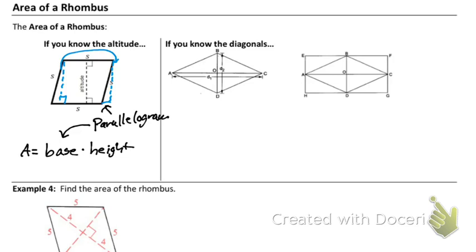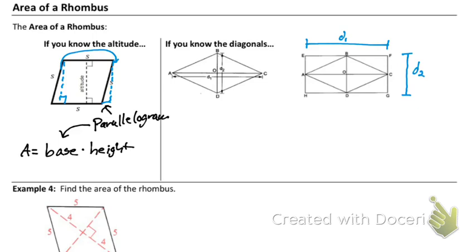So I drew a rectangle around this particular rhombus, where the length of this rectangle would be diagonal 1, and the height of this rectangle would be diagonal 2.